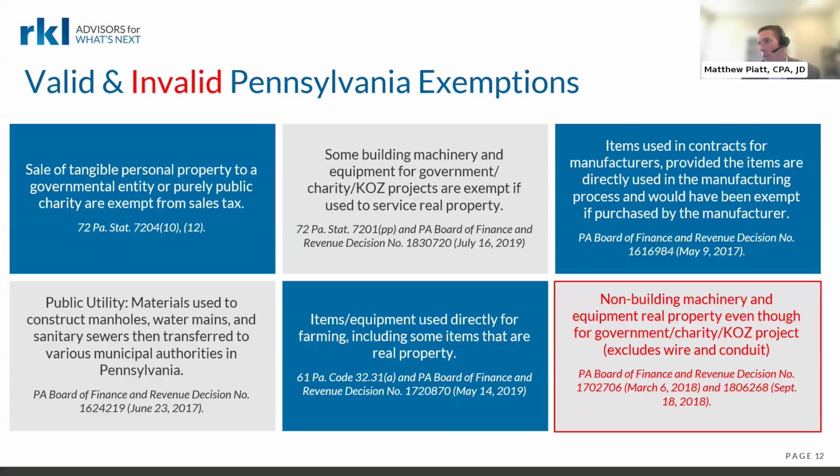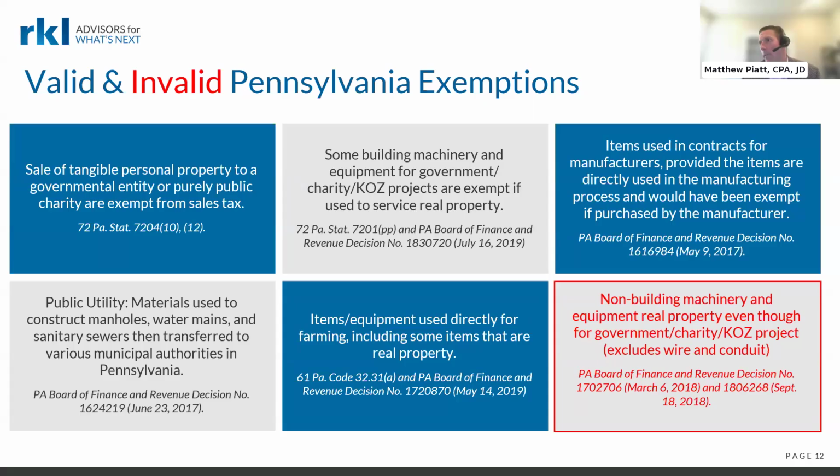Utilities. This is another complicated area. I deal with this quite a bit. There is a public utility exemption in Pennsylvania. This Board of Finance and Revenue decision specifically deals with materials used to construct manholes, water mains, and sanitary sewers that are then being transferred to municipal authorities in Pennsylvania. But public utility is a valid exemption in Pennsylvania.